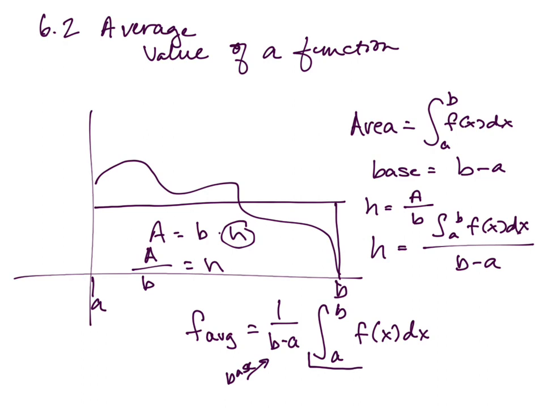And this integral from a to b is the area. So again, if I wanted to find height, I take the area and divide by the base. Do you see how the 1 over b minus a is the same thing as saying divided by b minus a?